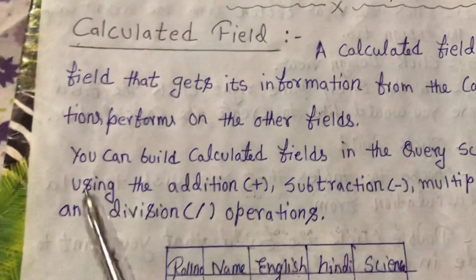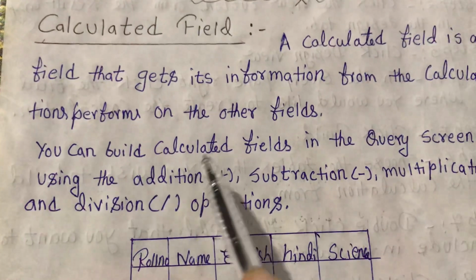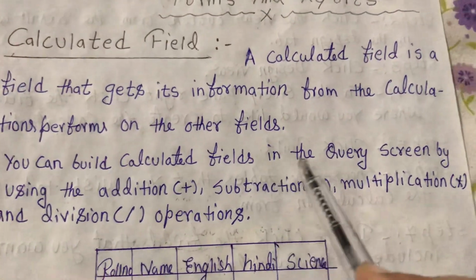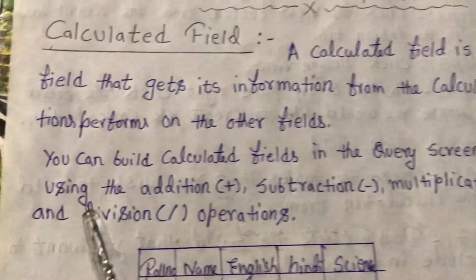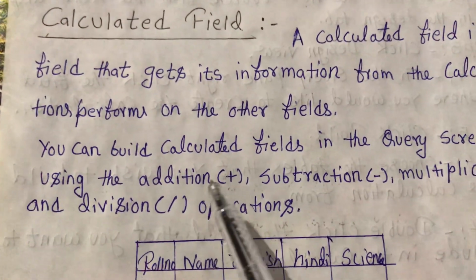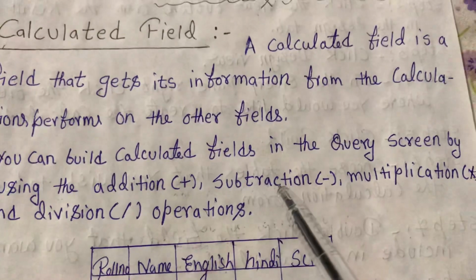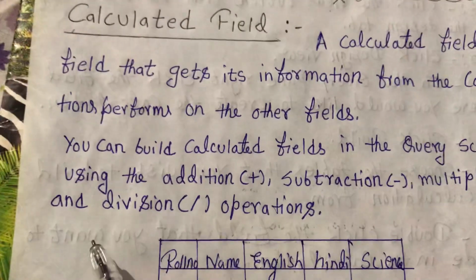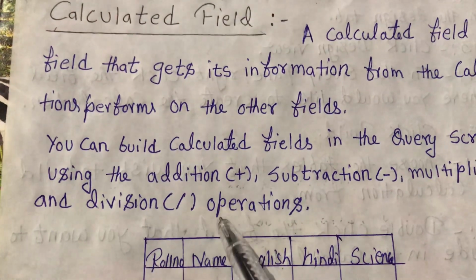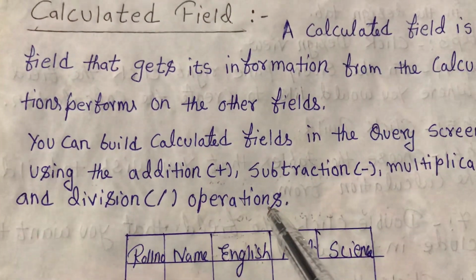You can build calculated fields in the query screen by using the addition, subtraction, multiplication and division operations.